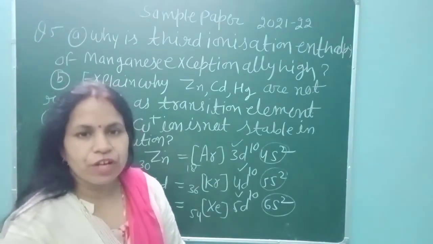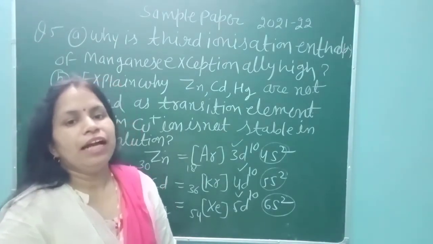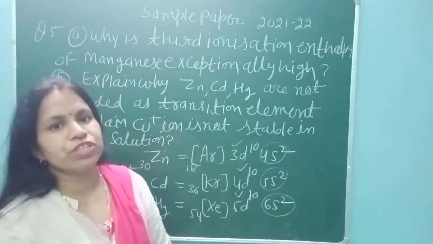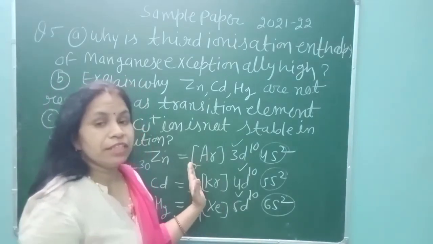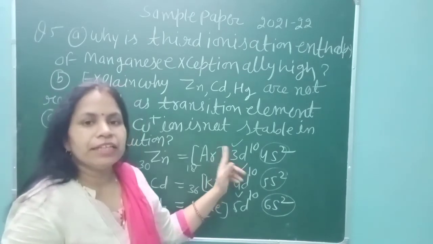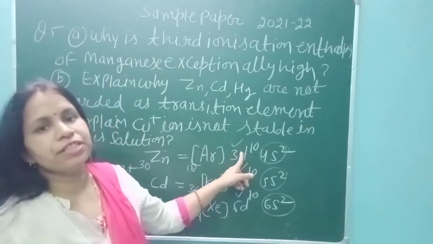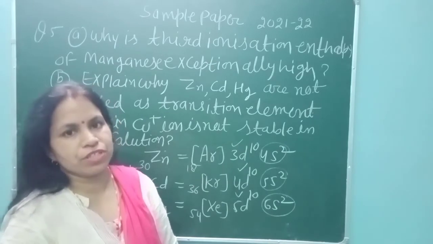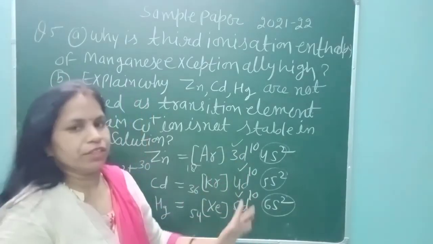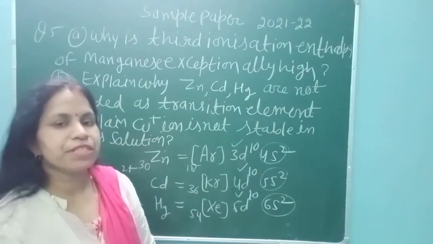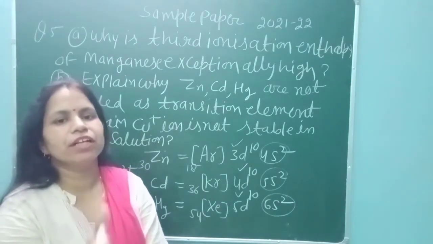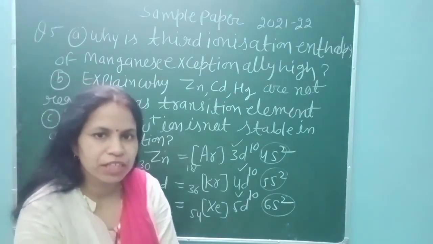According to the definition, when the last valence electron enters the d orbital, these are called d block elements. But transition elements are those which, in the ground state or in any stable oxidation state, have an incompletely filled d orbital. Incomplete means d9, d7, d5, d6, where the d orbital is partially filled.